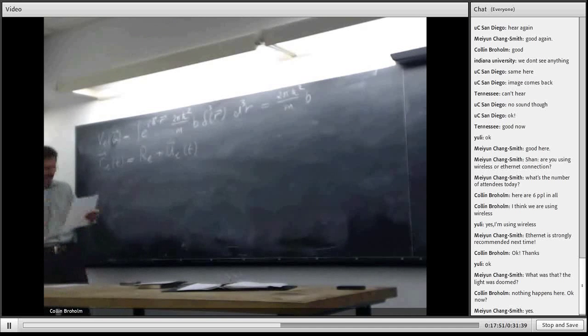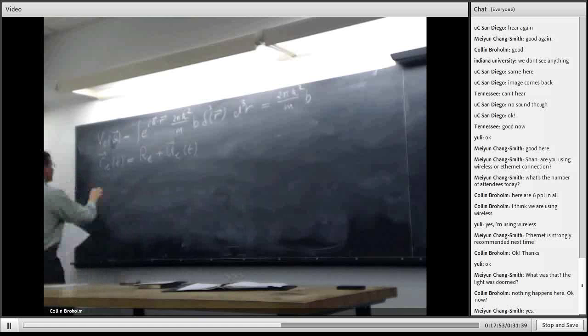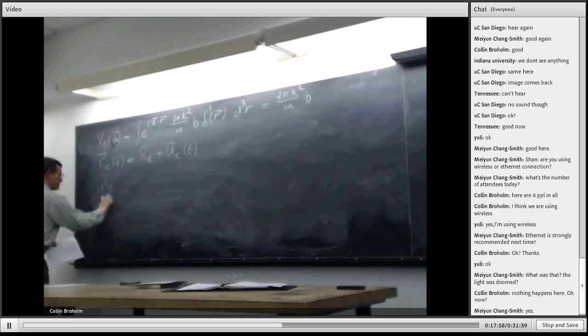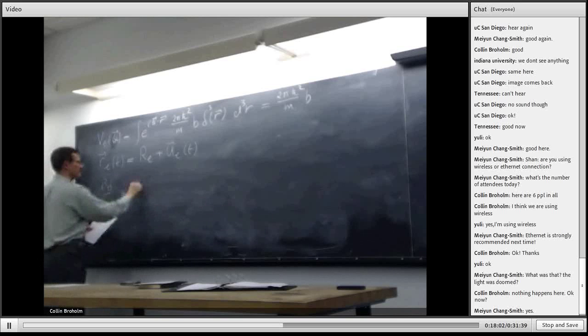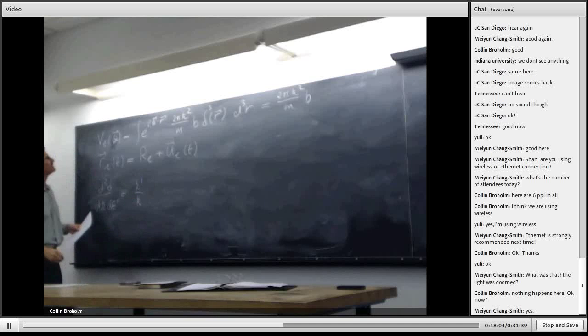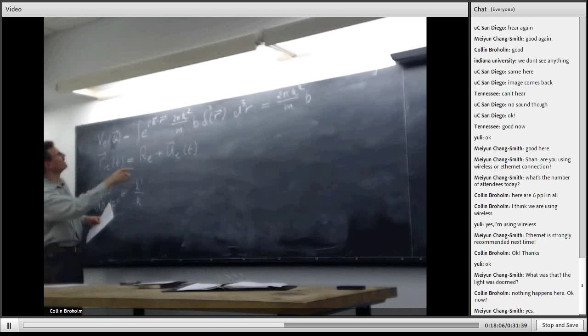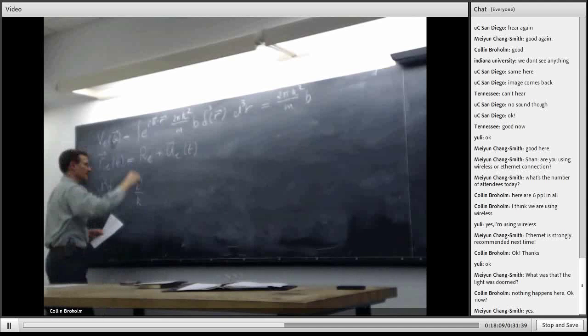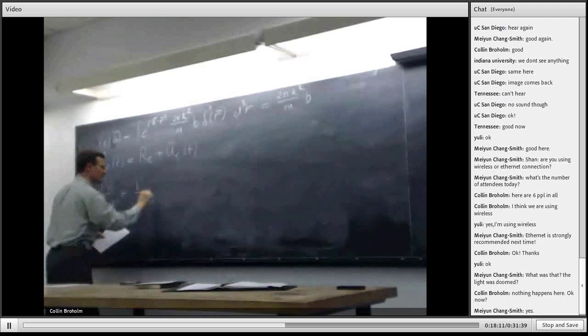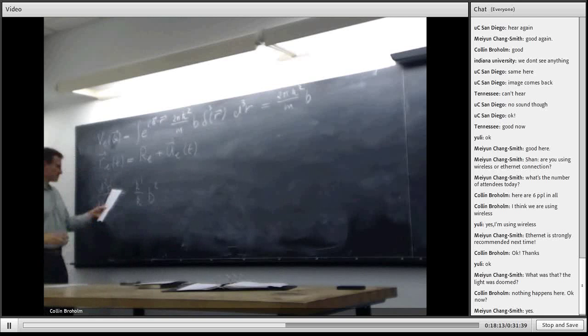Good. So now I'll put that into my partial differential scattering cross-section, and I'll show you what it then looks like. Okay, so this guy stays around. All of this prefactor now cancels out, and I just get scattering length squared.